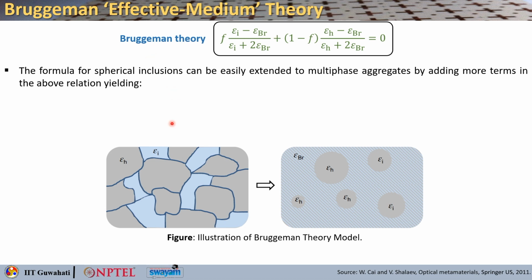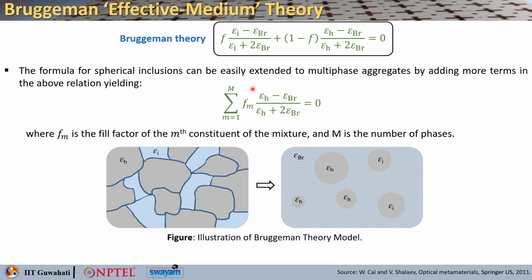Now, that is the formula for spherical inclusions. In case you have multi-phase aggregates, not only two phase, so you have more elements mixing up together, you can also extend this formula to this kind of multi-phase aggregate, and there you will write the summation over small m equals 1 to capital M of f m times (epsilon m minus epsilon Br) divided by (epsilon m plus 2 epsilon Br). Okay.